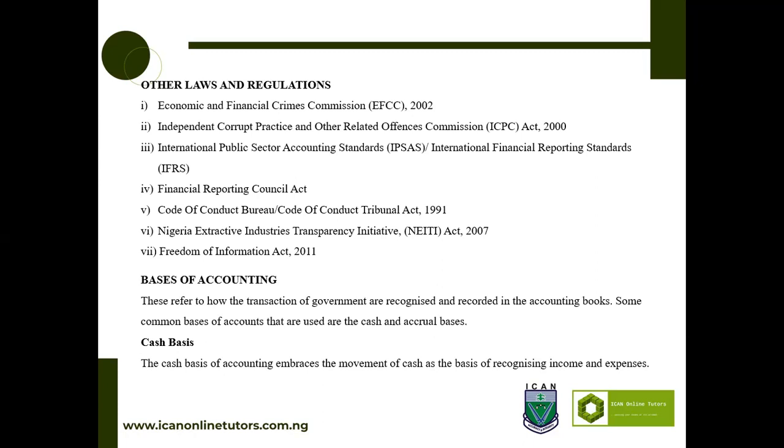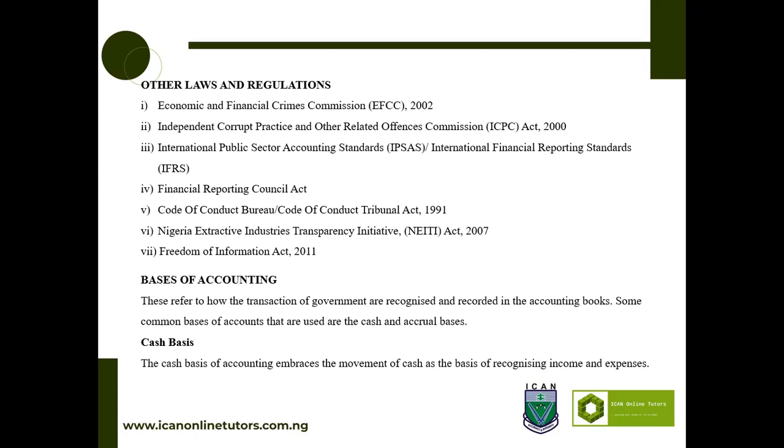We have the Financial Reporting Council Act, the Code of Conduct Bureau or Code of Conduct Tribunal Act of 1991. We have the Nigeria Extractive Industries Transparency Initiative, NEITI, Act of 2007. And we have the Freedom of Information Act of 2011. So these are other laws that assist and support the preparation and presentation of public sector accounting.